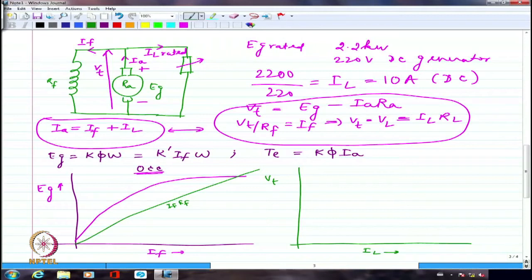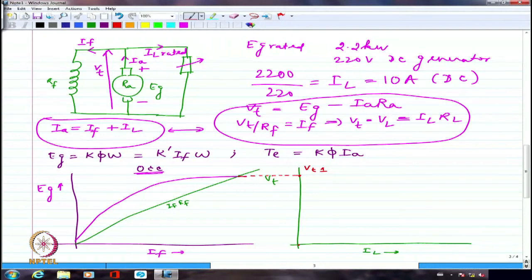That's it. So let me look first of all at the no load condition. So this is the operating point. Let me take this as the starting point of my characteristics, which is maybe Vt1 at IL equal to 0.